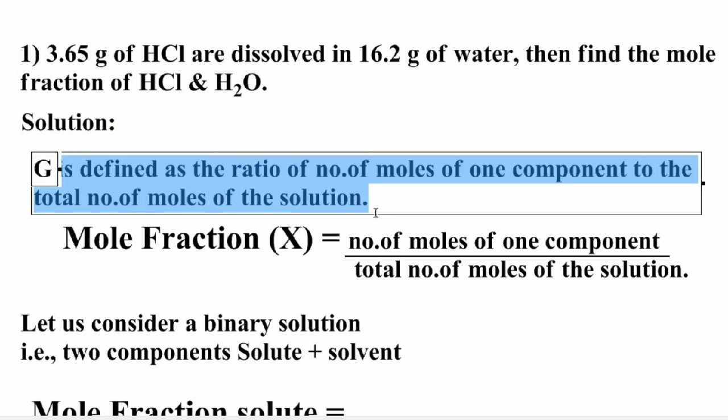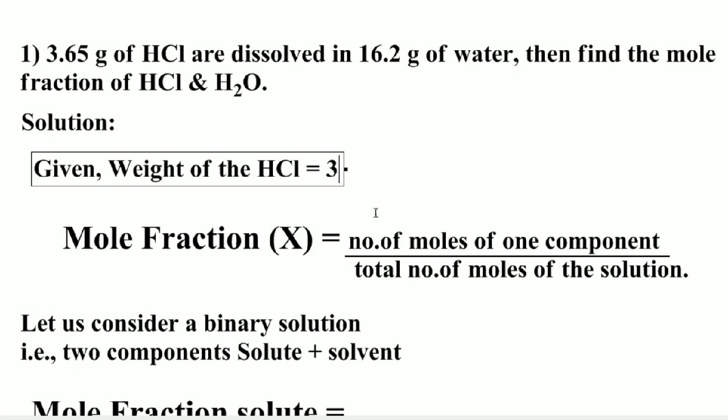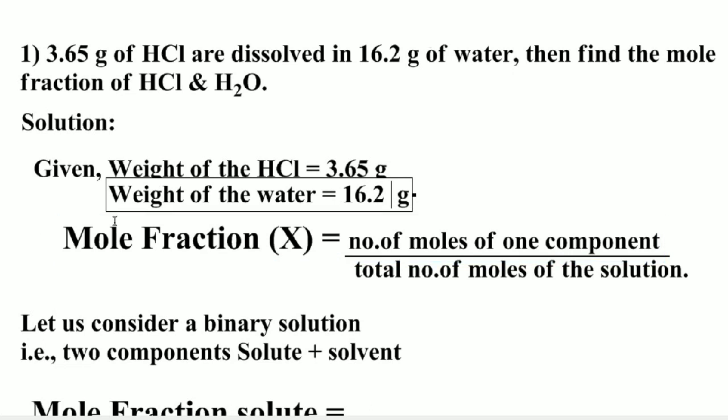So we can write like this: given weight or mass of the component HCl is equal to 3.65 grams, and weight of the water is given as 16.2 grams. 16.2 grams is the given weight of the water.